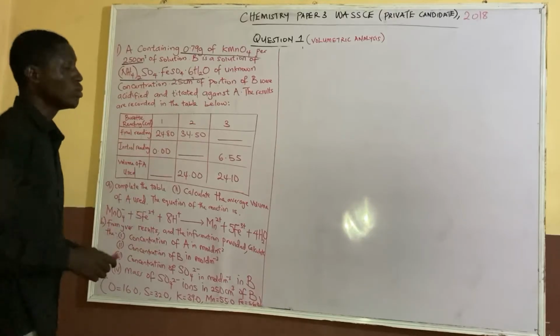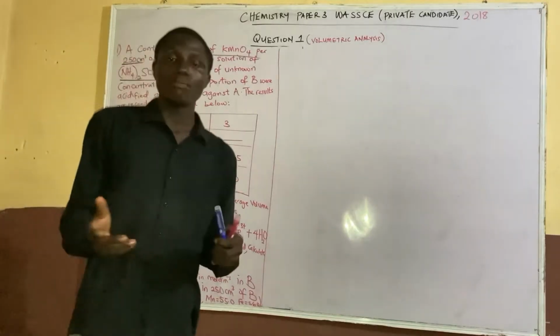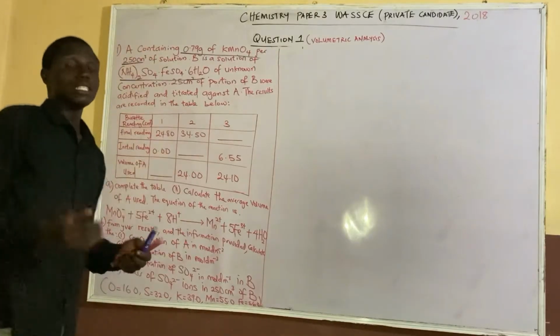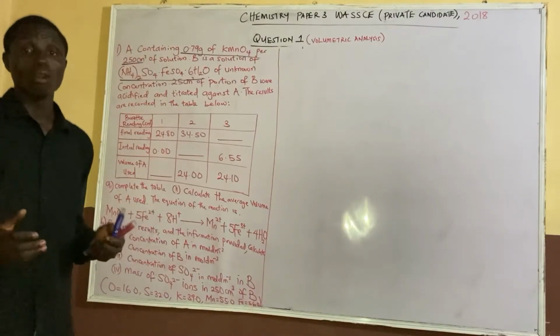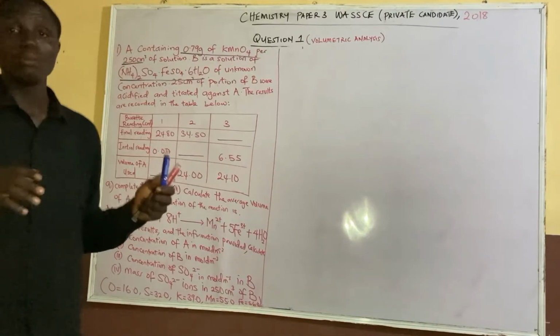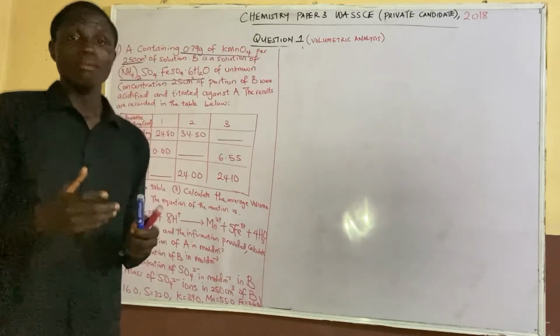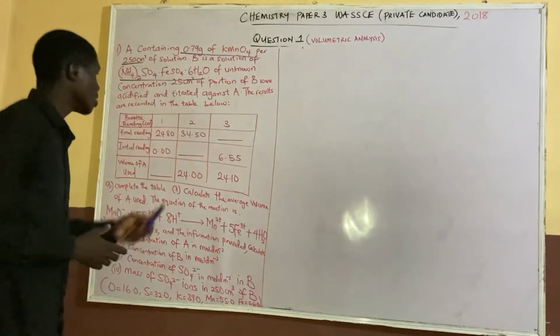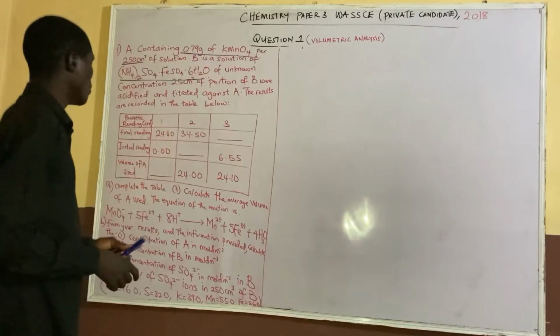This practical has been carried out, and as you can see, we are given the table of values, but some entries were left to be obtained by the candidate. How do you complete this table?